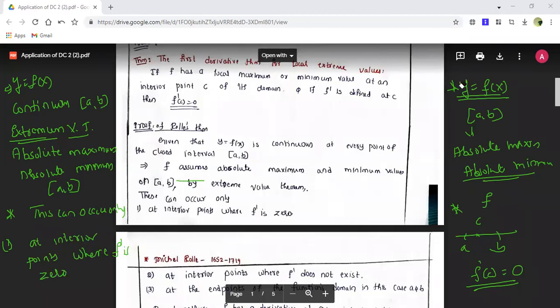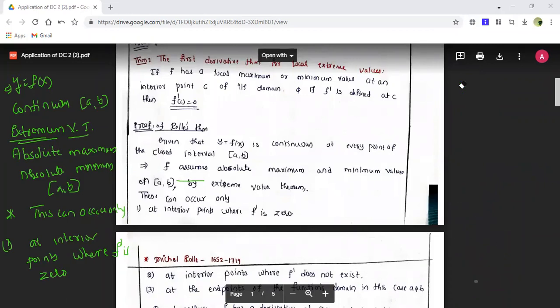The first derivative f dash has to be equal to 0 at an interior point, that is, in the open interval. The second is at interior points, in the open interval, where f dash does not exist.